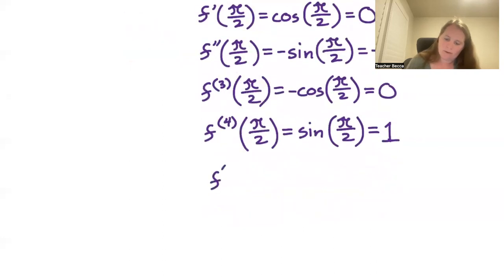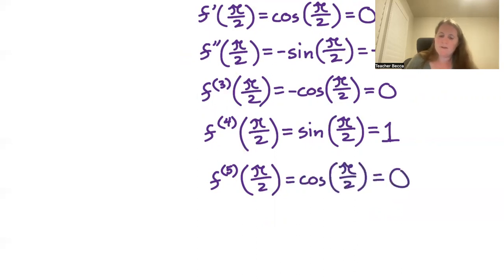And the fifth derivative is a positive cosine of pi over 2, which is 0.